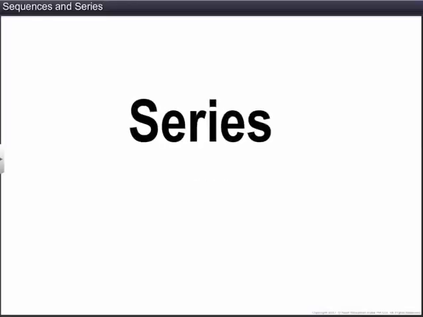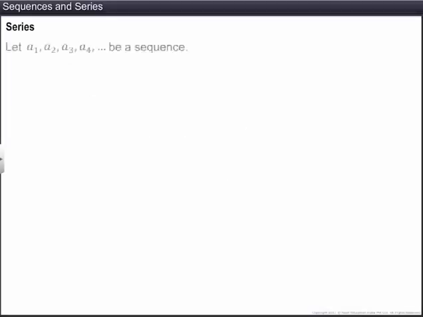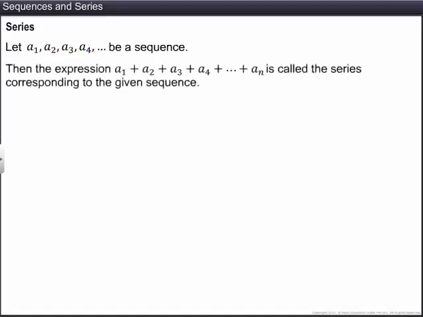Let us now learn about series. Consider a sequence with the terms A1, A2, A3, A4, and so on. Then, the expression A1 plus A2 plus A3 plus A4 and so on up to An is called the series corresponding to the given sequence.